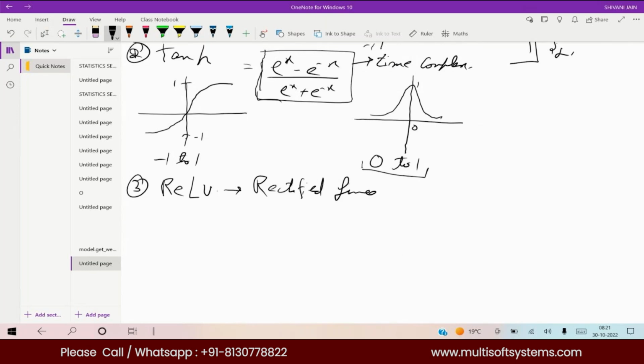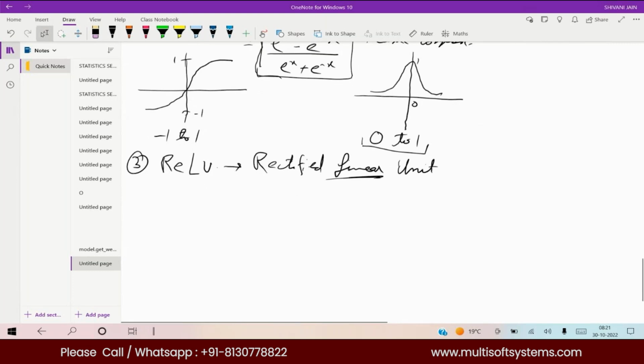Since linear is there, it will be related to some straight line. The chart is something like this. For positive value of x, y will be the same, whatever the x is. And for negative value of x, y will be 0.